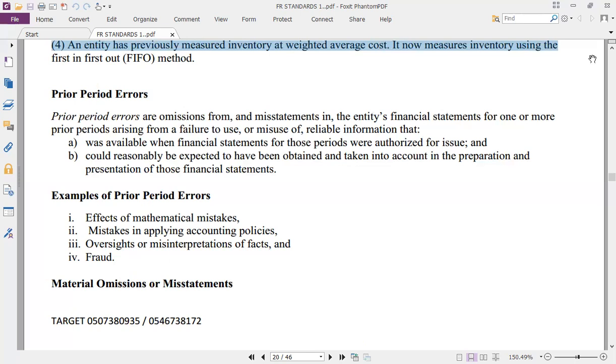So we've already prepared a financial statement and published it out, presented it, but there was a mistake, there's an omission or misstatement. Meanwhile, this misstatement, we just realize it in today's financial statement, the current year, when you're preparing the current year financial statement. So what do we do? So that is it.